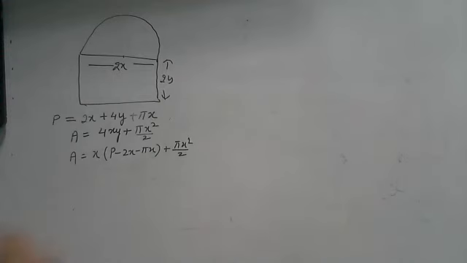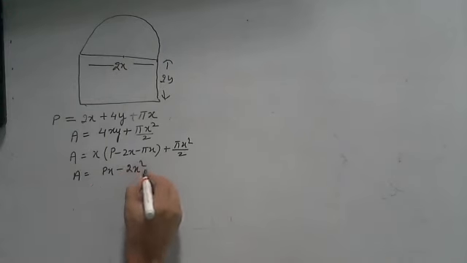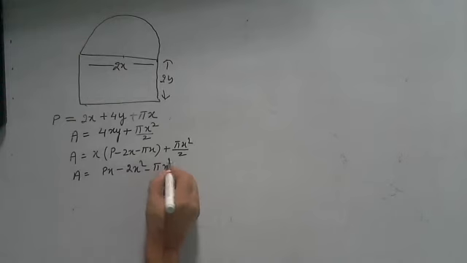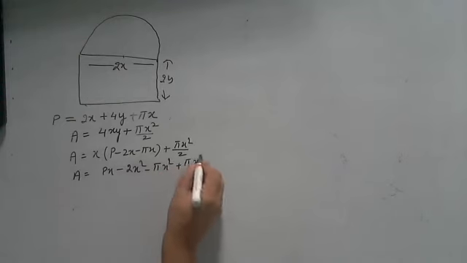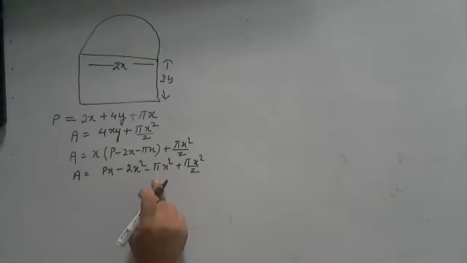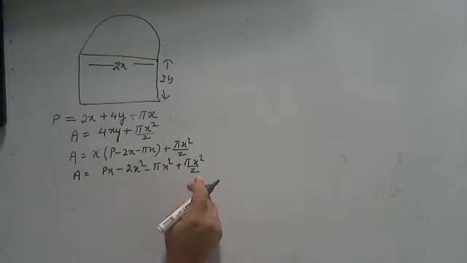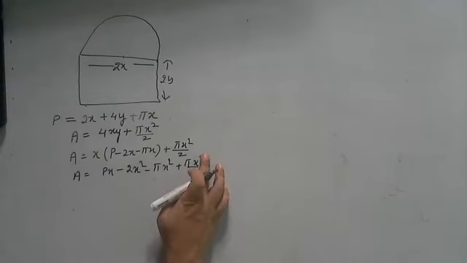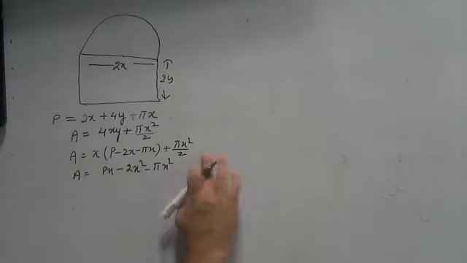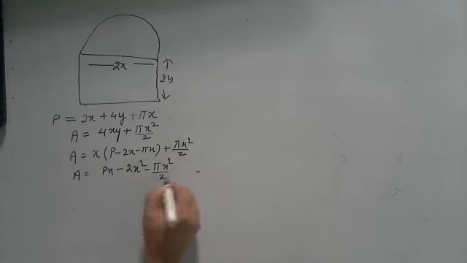Now let us solve it a little bit. A is equal to px minus 2x square minus pi x square plus pi x square by 2. So here it gives you minus pi x square, here plus pi x square by 2. When you solve, this will give you minus pi x square upon 2.